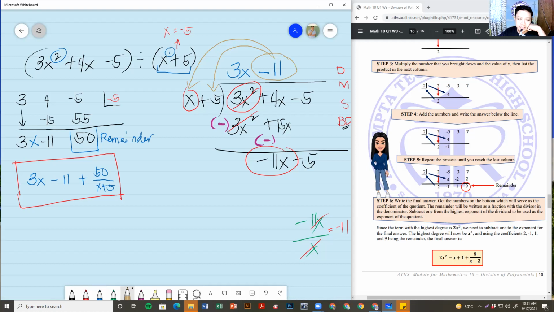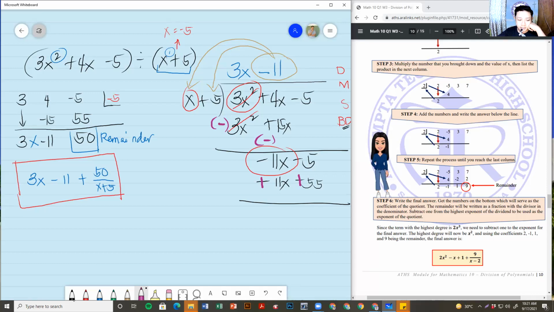Negative 11 times x, that's negative 11x. And then negative 11 times 5, that's negative 55. Okay? Can we follow? And of course, don't forget, after that, when we subtract, we need to change the sign. So this will become positive and negative 55 will also become positive. Remember to change the sign before adding or subtracting.